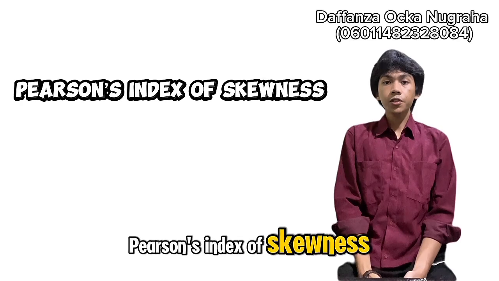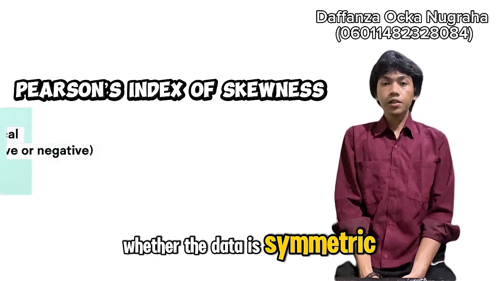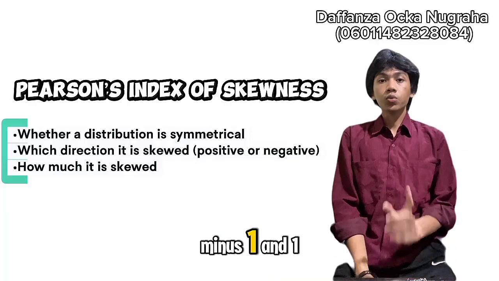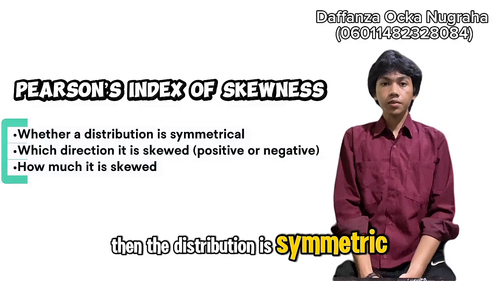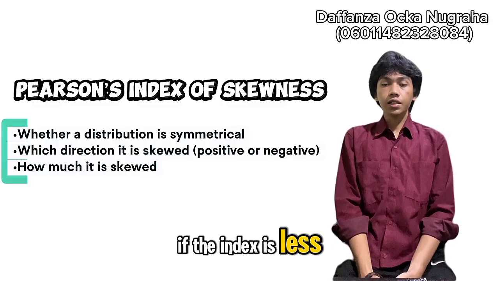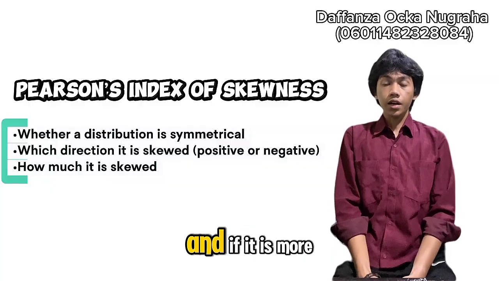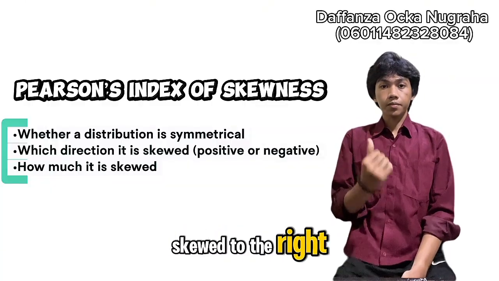Pearson's index of skewness can be used to determine whether the data is symmetric or skewed. If the index is between -1 and 1, then the distribution is symmetric. If the index is less than -1, then it is skewed to the left. And if it is more than 1, then it is skewed to the right.